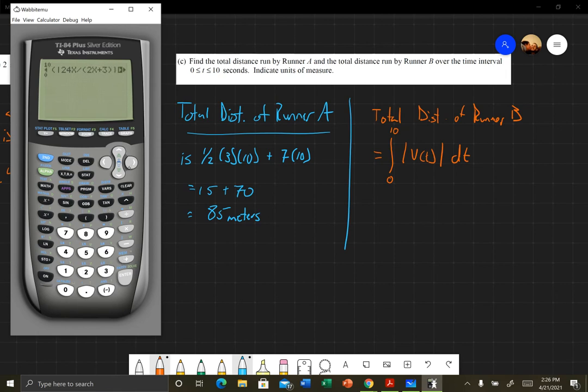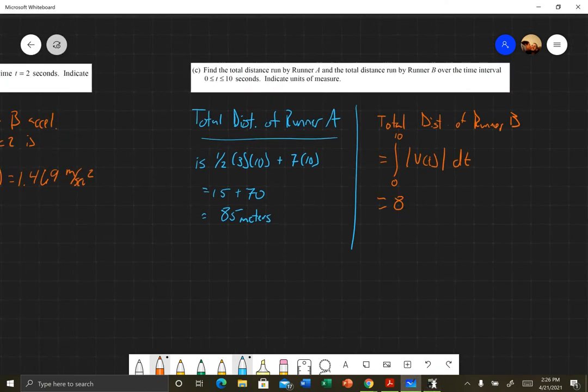Then if you scroll over, there's your bars, scroll over again, with respect to x. I'll let this do the work, and I get back 83.336 meters. And so this one equals 83.336 meters. And there you go.